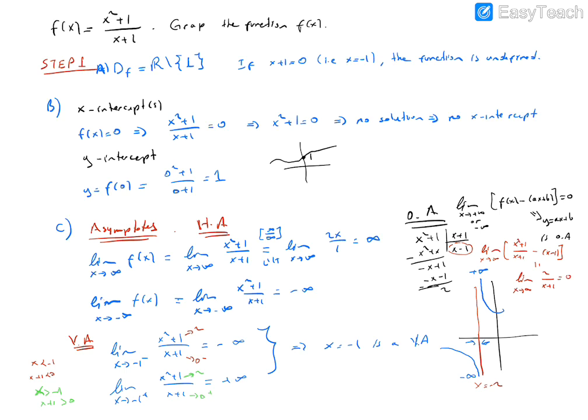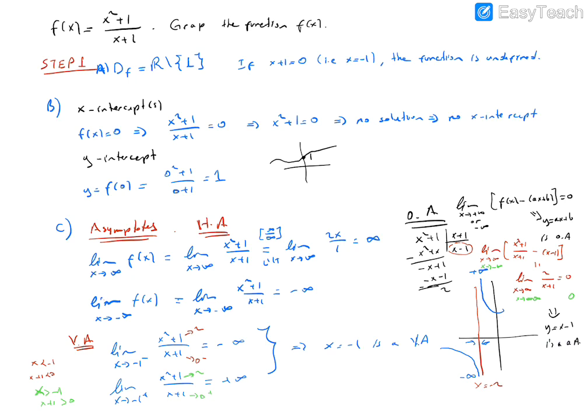So this goes to 0. And when x goes to minus infinity, in this case it again goes to 0, okay? So this implies y equals x minus 1 is an oblique asymptote.